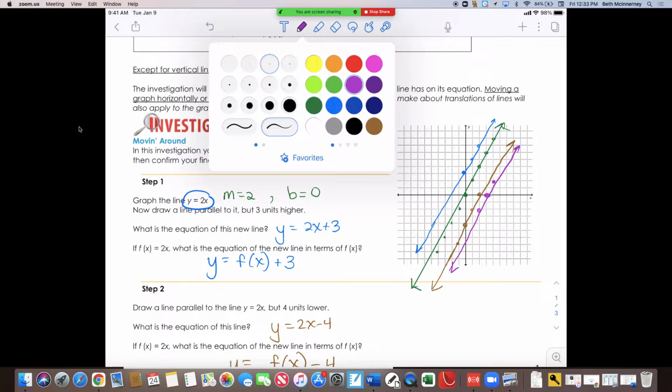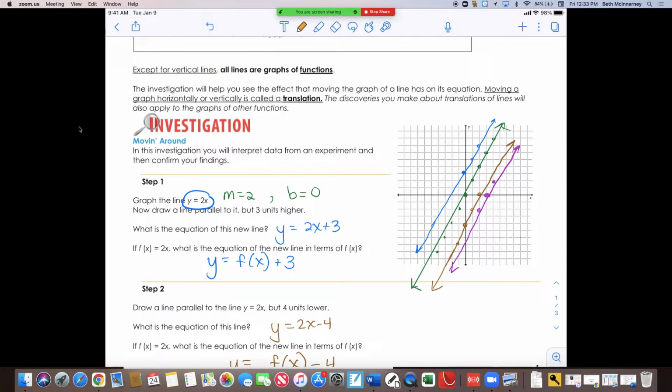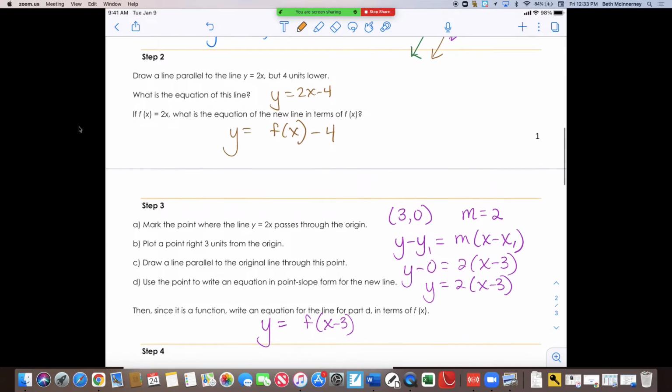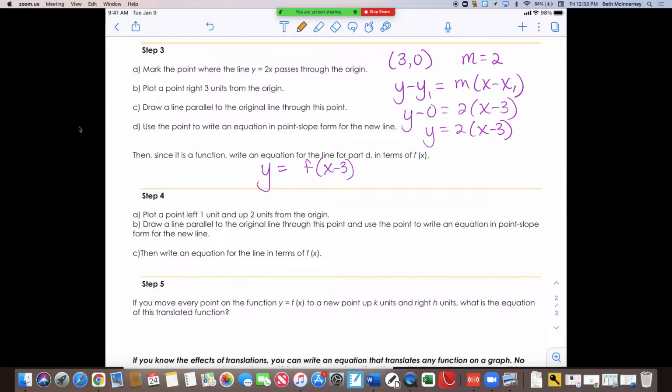Let's do orange. 1 left and 2 up. Oh, isn't that already on a line that we drew? So I now have a point. I went 1 left and up 2. And the slope was still 2.